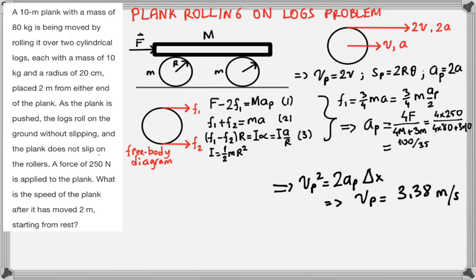And that means its linear acceleration is twice, and the distance that this point moves will be twice the distance taken by the center of mass. So that means if the plank moves 2 meters, then the cylinders will move 1 meter, right?